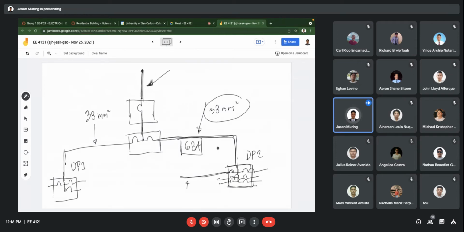Okay, so actually the calculation here really differs from state to state. For example, in the US, they have different calculations. Some states require that you use the current here instead of using the demand. So some use the full rated current of this branch circuit. So let's say this is a 20 ampere branch circuit.